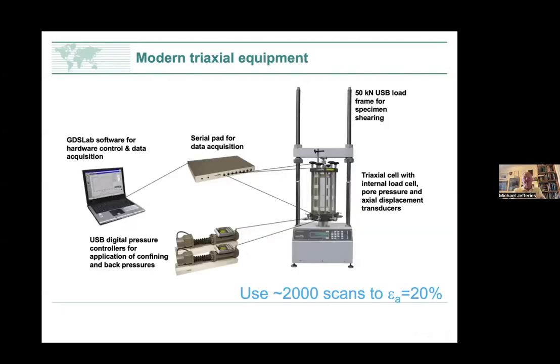This is just a photograph of modern triaxial equipment. And the serious point here is how much data do you want to collect? If you go to 10% strain or 20% strain, and you only take, say, 10 measurements at each 1%, you will have a very poorly defined stress-strain behavior and volumetric behavior from which to define your material properties.